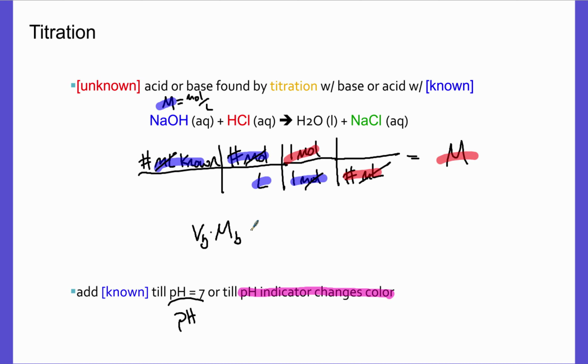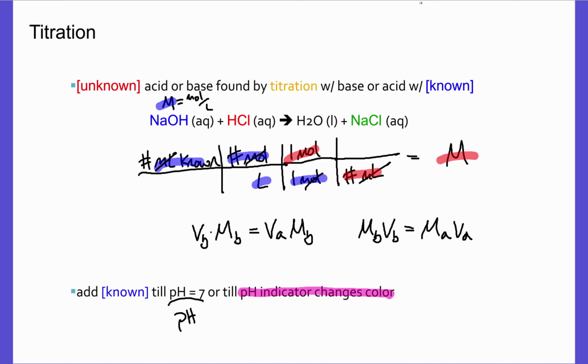Those will be equal to the molarity of my acid times the volume of my acid. So I started with V first on the other one, so I'll do that here too. I actually typically would write it this way instead, but this is the exact same thing as what I just wrote. So typically, you see the equation look like this.